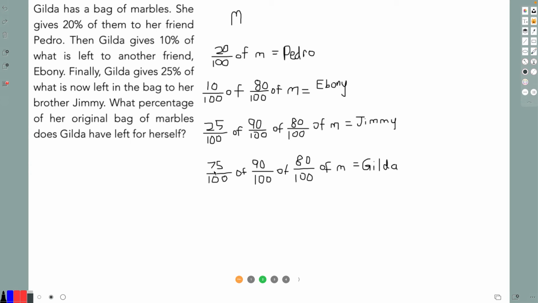And if we simplify the fractions, we get 3/4 of 9 over 10 of 8 over 10 of M. And that's still equal to the amount that Gilda has to herself.